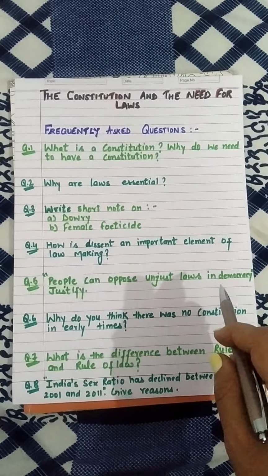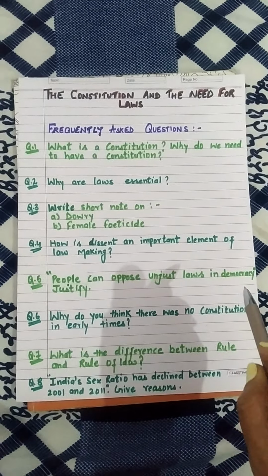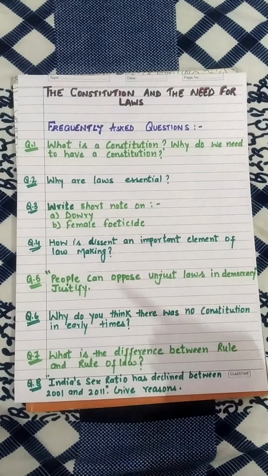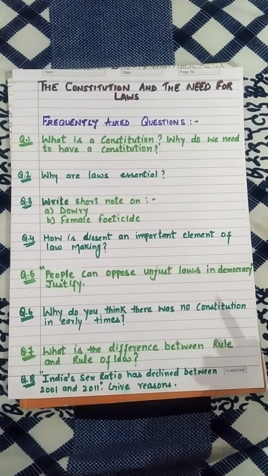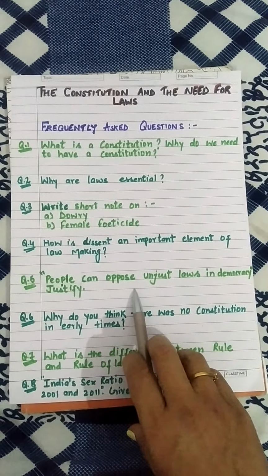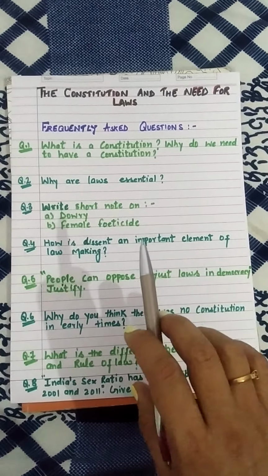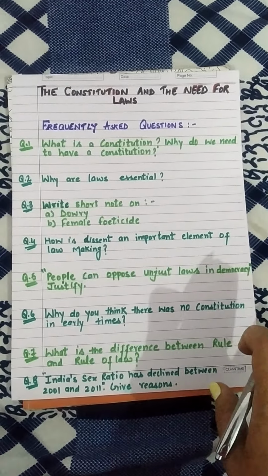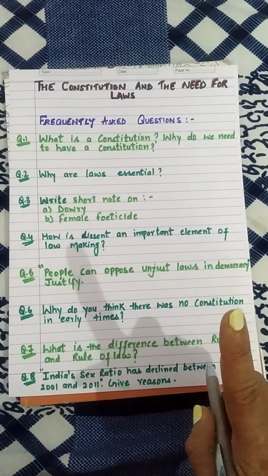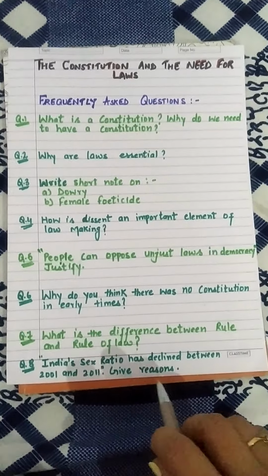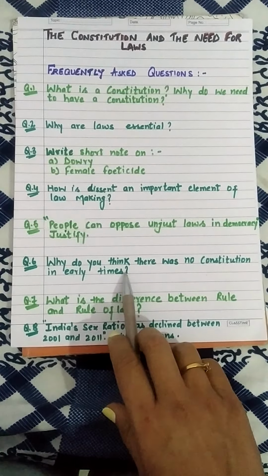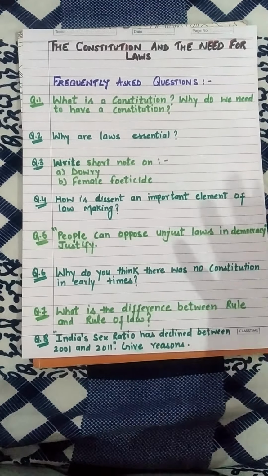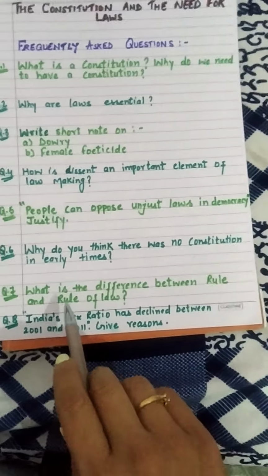But in democracy, all the decisions are taken under the constitution, under the rules which are written in the constitution. So this is the only thing you have to mention here, that the rulers had some set of rules by which they ruled, but overall they had the supreme power. This is the reason. Okay. This question is important. It will increase your thinking power about the topic which you are studying.